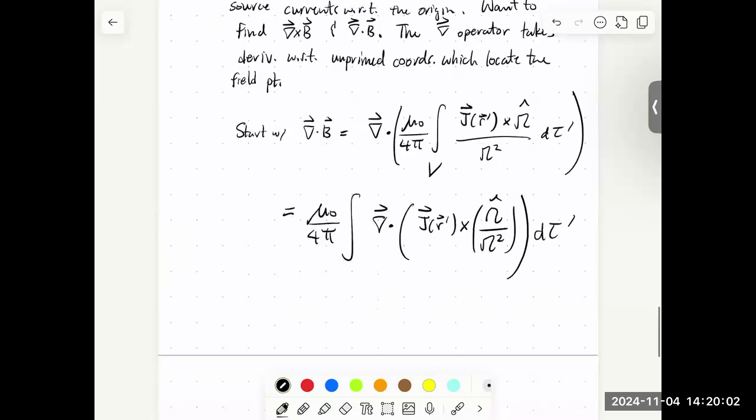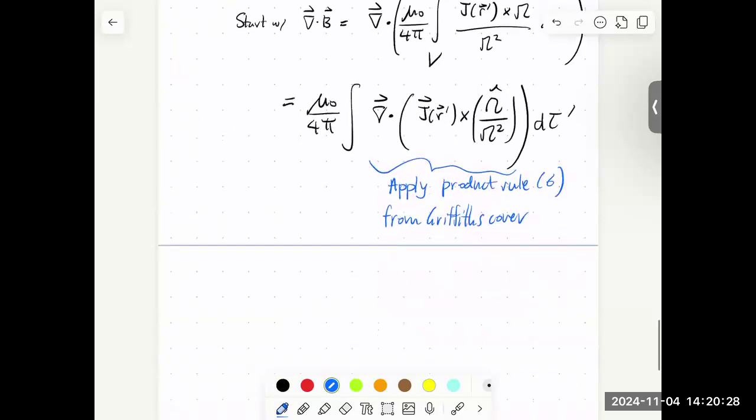So if you look at Griffiths' front cover, there are listed a bunch of product rules. The one that we want is product rule number 6. So apply product rule 6 from Griffiths' cover.